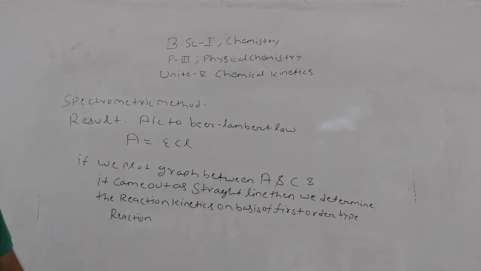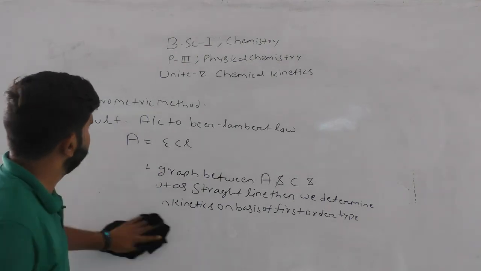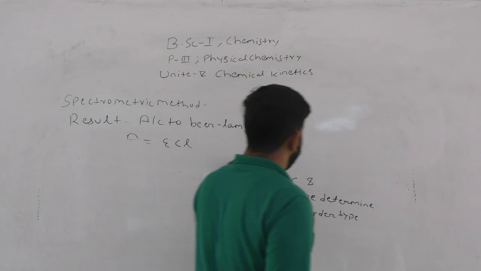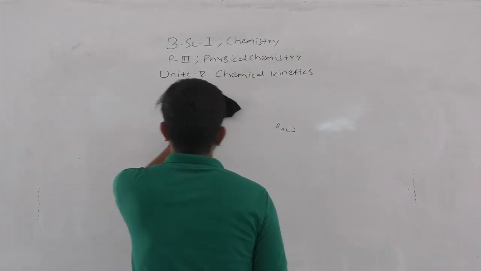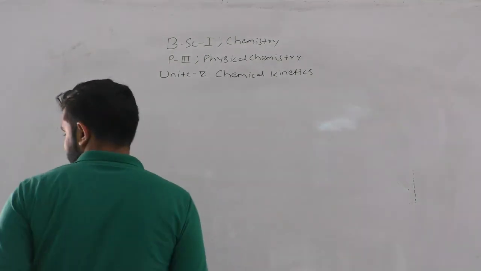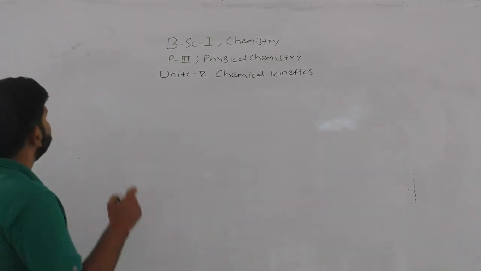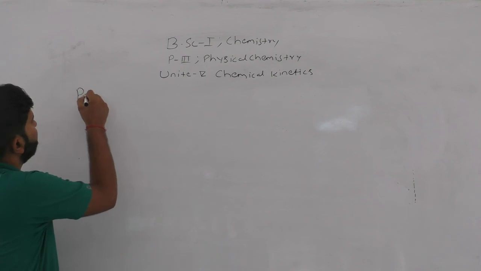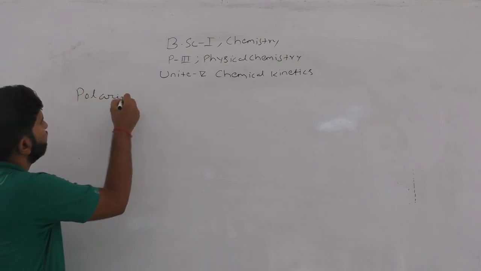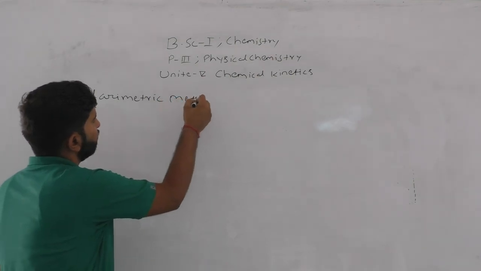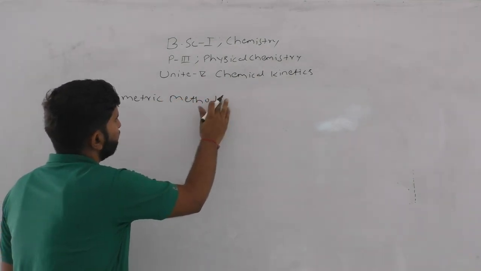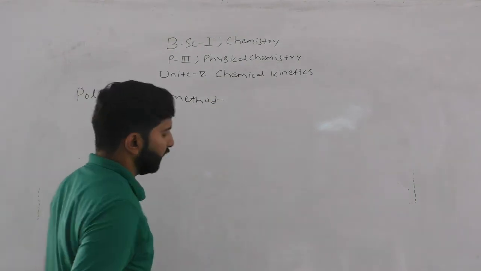Now finally we are going to study our last method, which can also decide the reaction kinetics of a given chemical reaction. Our last method is the polarimetry method.